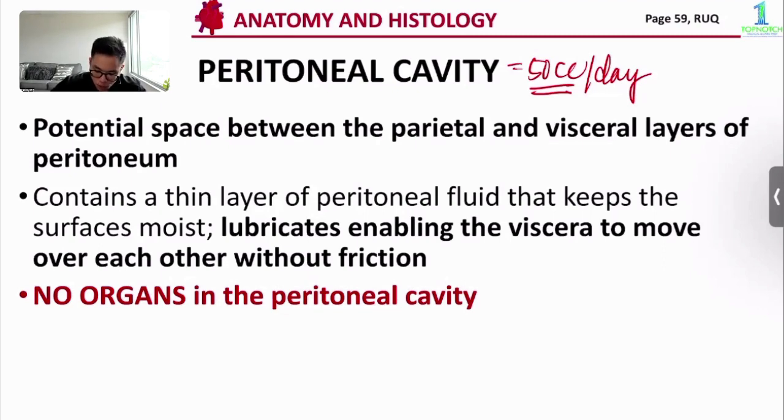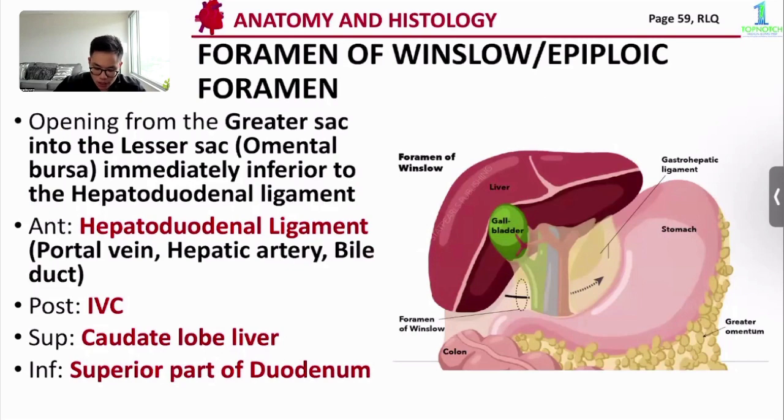Now let's talk about the foramen of Winslow. The foramen of Winslow, or your epiploic foramen, is also known as your aditus. And it is an opening between the greater sac and the lesser sac, or your omental bursa. If you put in your finger, then you imagine what are the borders that are making up your foramen of Winslow.